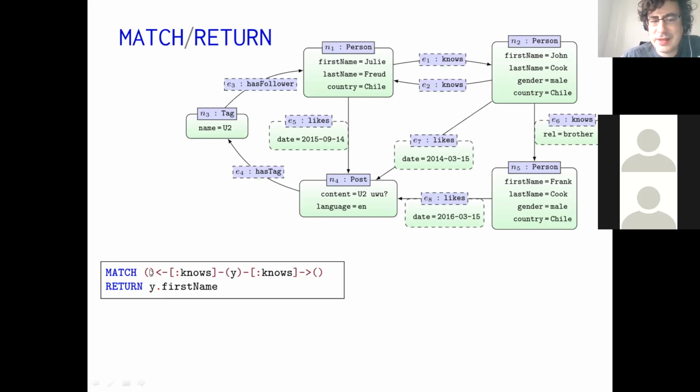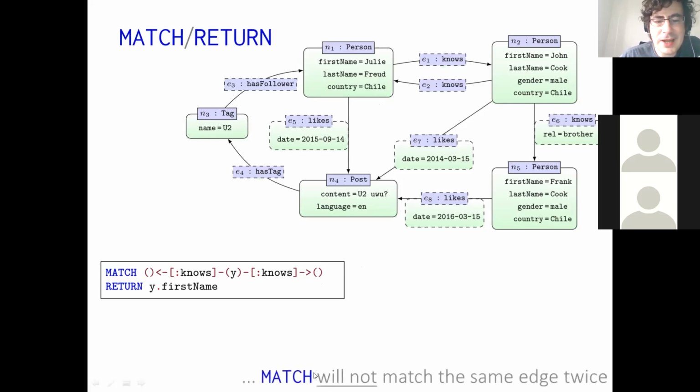But could we match this to N2 and this to N2 and Y to N1? In other words, could we match these things to the same nodes? Is there some restriction on matching multiple things to the same node or the same edge? Well, in this case, match will not match the same edge twice. It can't use the same edge twice.